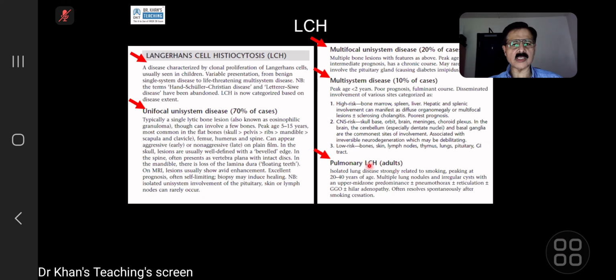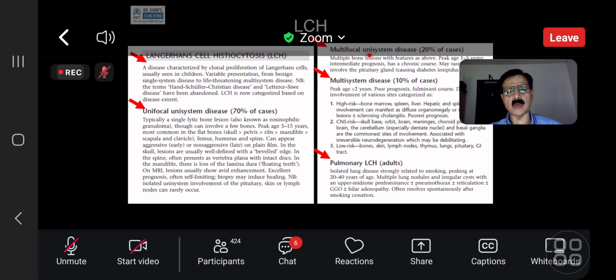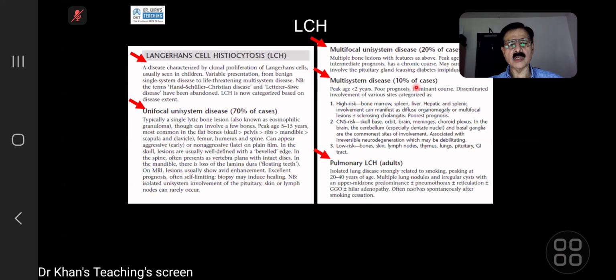Now we use this classification: unifocal unisystem disease, 70% of cases. Unifocal unisystem, and then multifocal unisystem. So in the bones there can be multiple focal lesions. Look at this one: multisystem disease, 10% of the cases, usually less than 2 years, poor prognosis.